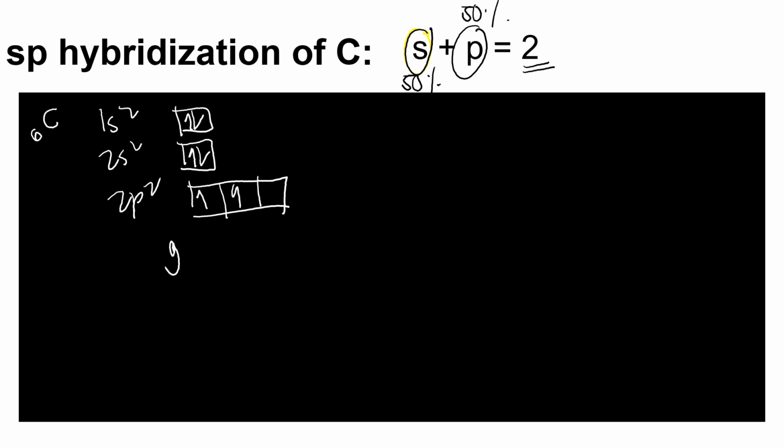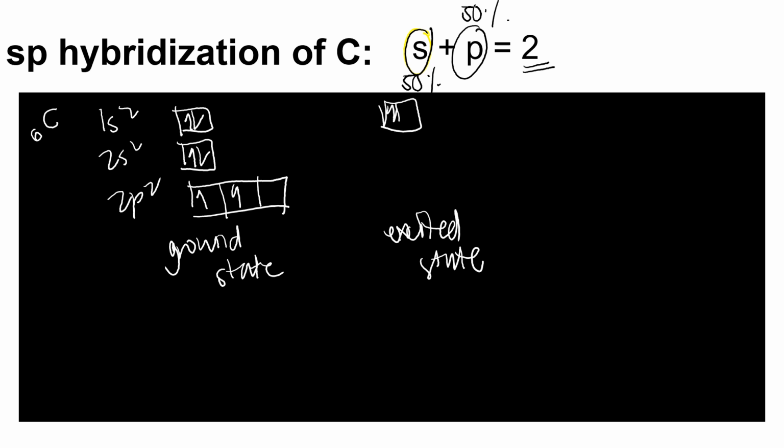This is in its ground state, and at its excited state we have still your 1s2, 2s1, and your 2p3.